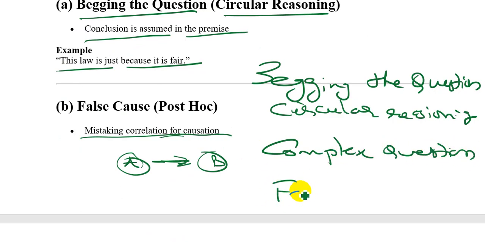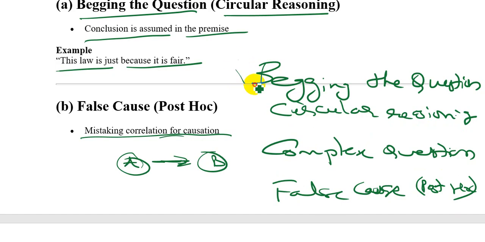And false cause, also known as post hoc. So we have three fallacies in presumption. So we are presuming a circular reasoning, begging the question.